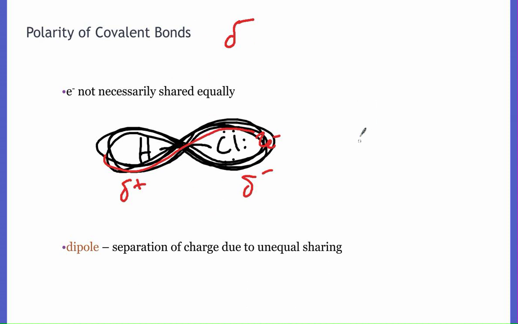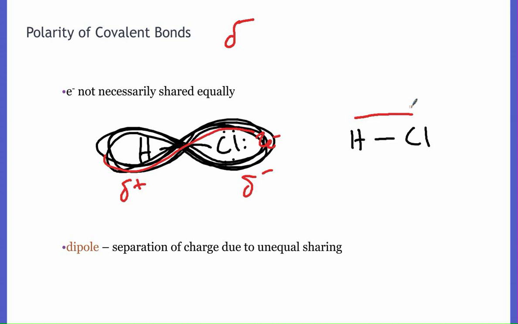So if I clean this up a little bit, if I have a bond between hydrogen and chlorine, right, there's a separation in charge here, and that's what we call a dipole. Now you can use those positive and negative, partial positive, partial negative labels. I usually use a different symbol, so you need to know what that would look like.